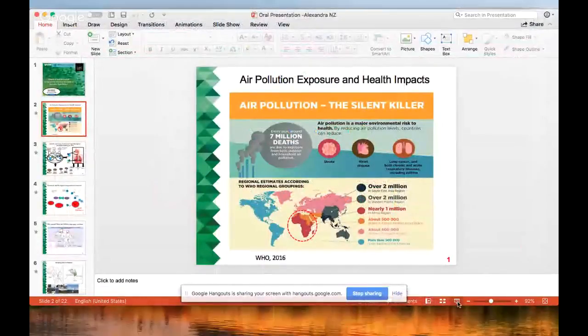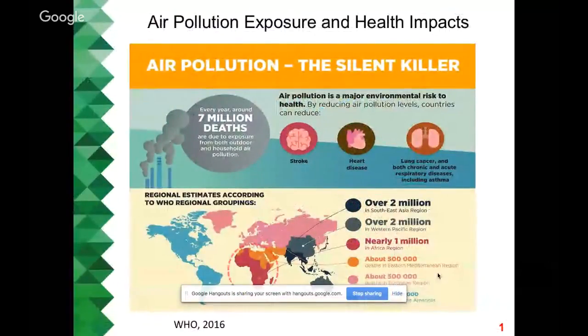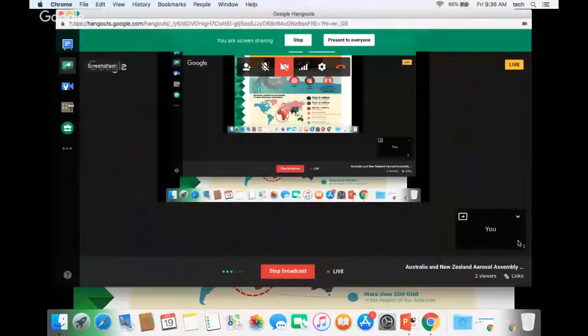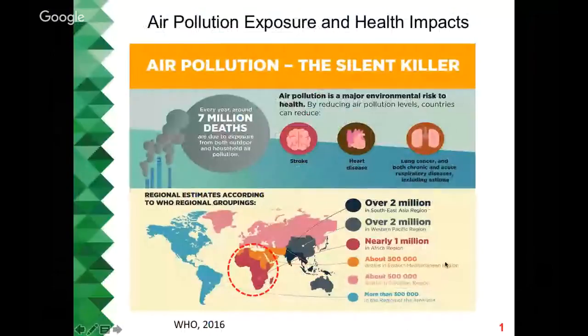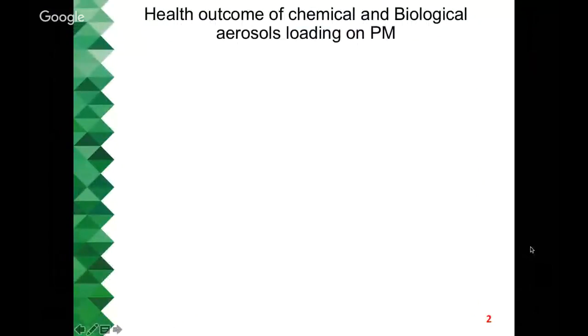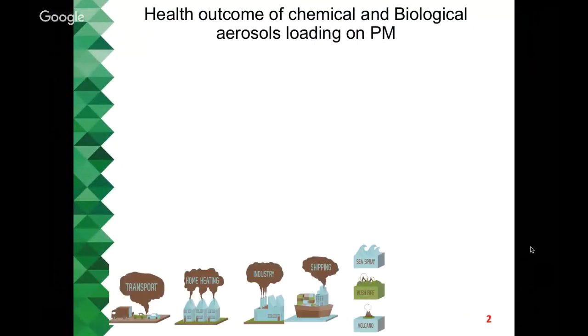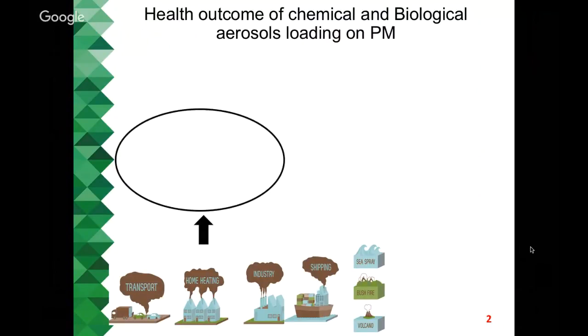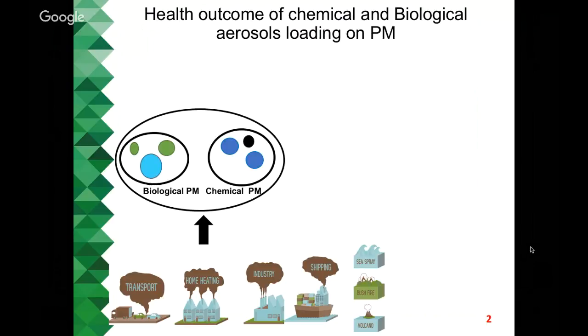They are emitted from anthropogenic activity as well as natural activity. Once in the air, these particulates may interact with different meteorological conditions. They can be transported from one region to the other based on their size.